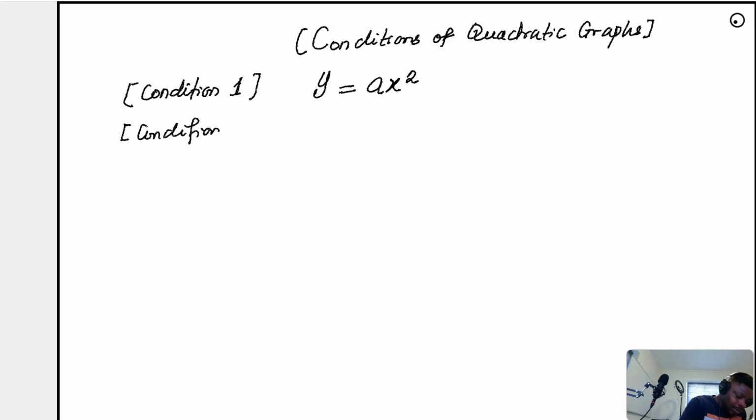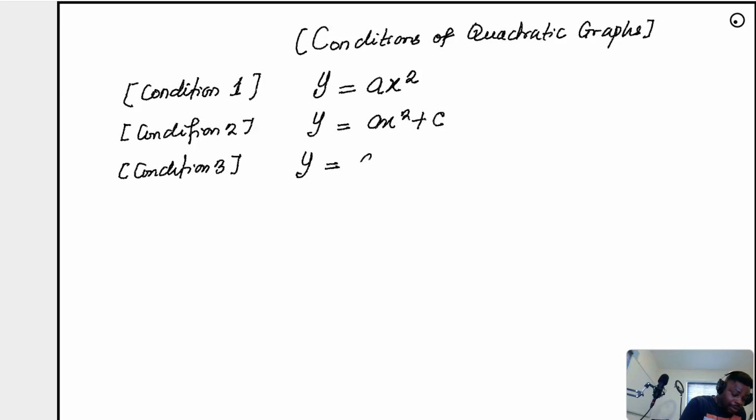Condition 2 is when your function is ax squared plus c. Condition 3 is when your function is ax squared plus bx plus c. So now let's see what happens when we have these conditions.